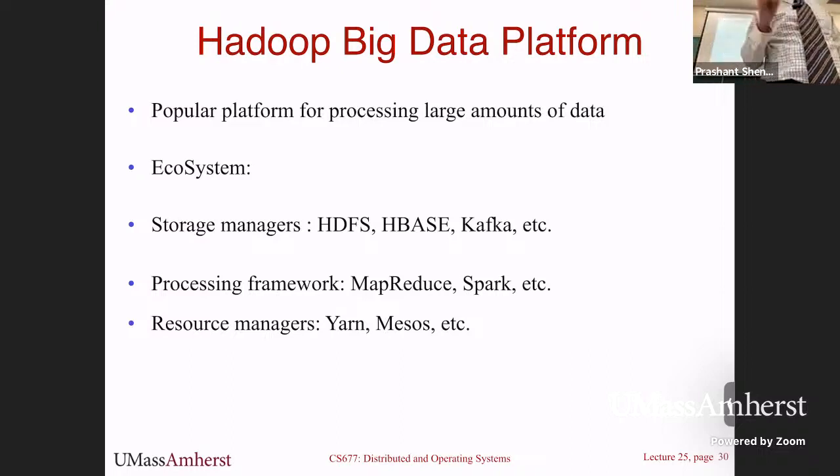If you remember, when we talked about Borg and Mesos, we said you have a two-level cluster scheduler. The top level allocates machines to frameworks, and the frameworks run the jobs, in this case, map reduce jobs. So this ecosystem has many different components, and we have just looked at 2 or 3 of them, but there are many others. Yes, question.